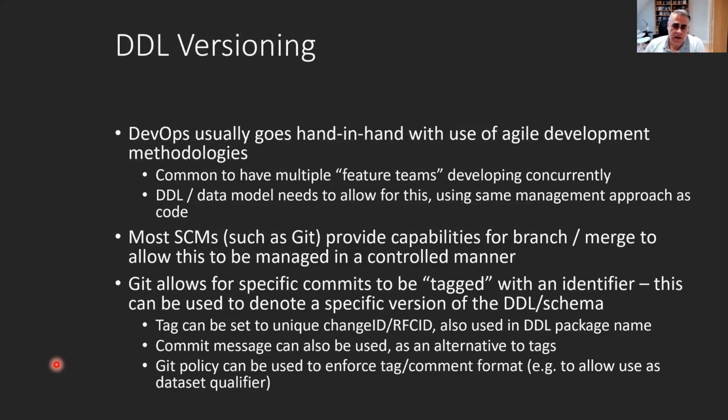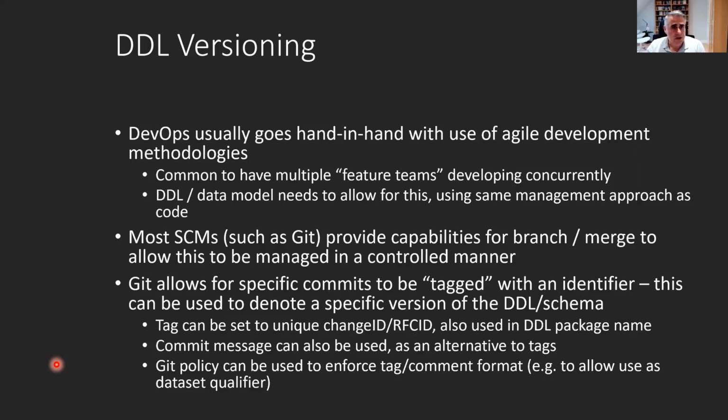I think it's something that's fundamental if you're going to be using something like Git to store your DDL. And if you're going to be using multiple versions to input into the compare process, you need a robust way to be able to version that DDL and to refer to specific versions to put into the compare process.